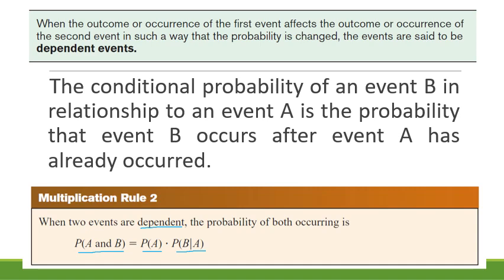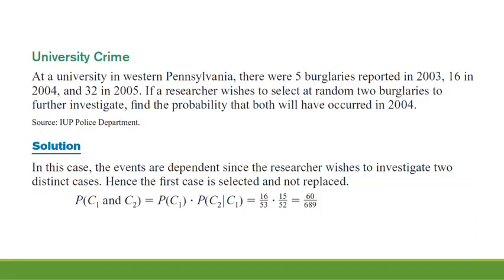For example, at a university in Western Pennsylvania, there were 5 burglaries reported in 2003, 16 in 2004, and 32 in 2005. If the researcher wishes to select at random 2 burglaries to further investigate, find the probability that both will have occurred in 2004.